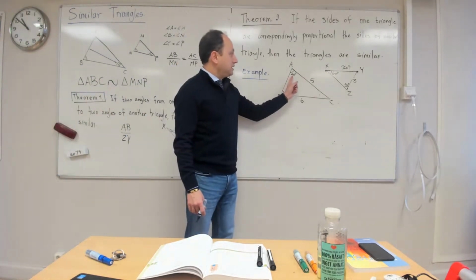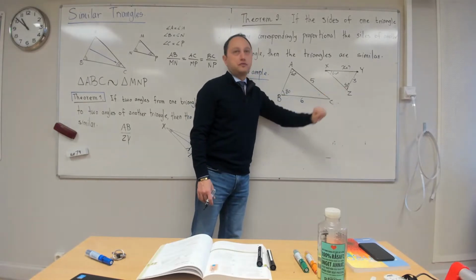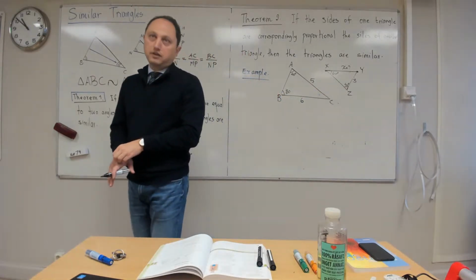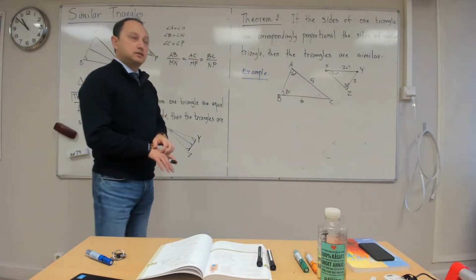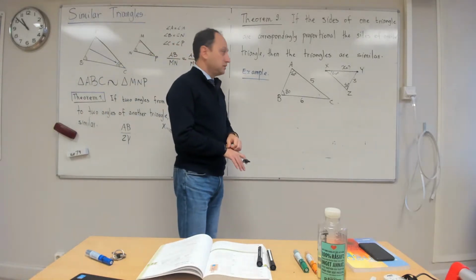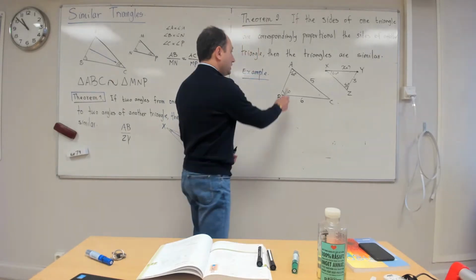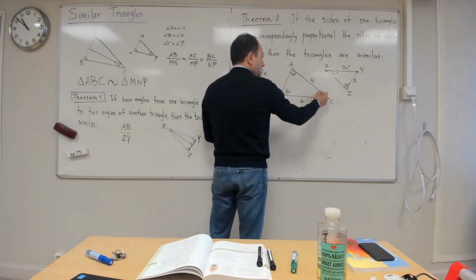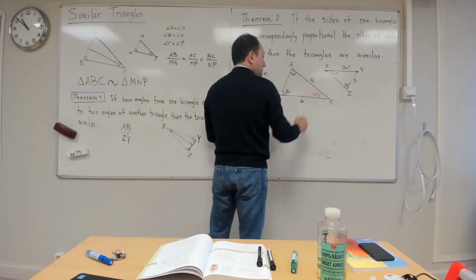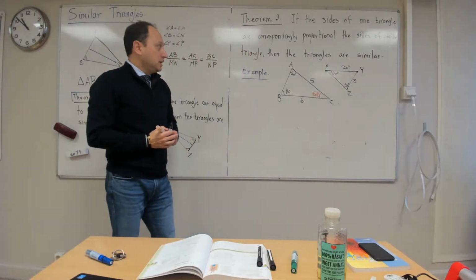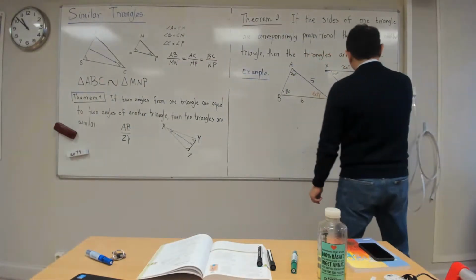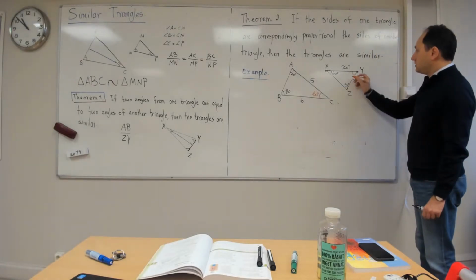Of course, one angle is given to be 40, the other one is also 40. That's good. But what about the other one? Yes? If you do 180 minus 80, you get 60. Exactly. So by looking here and here, I realize that this angle is 60 degrees. And then if I calculate this angle, it turns out to be what? 80 degrees.